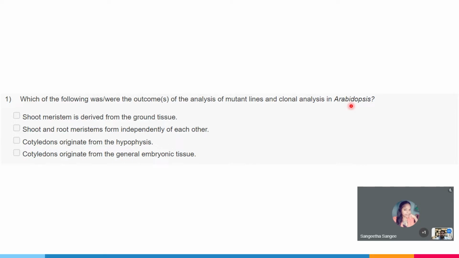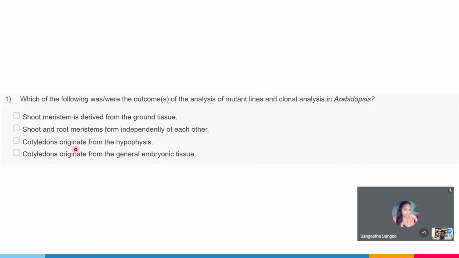So, with the mutant analysis, what was exactly found? The options are that the shoot meristem is derived from the ground tissue. If you remember, there are three types of primary tissues present in plants: the ground, the vascular, and the dermal tissues. So the first option is that shoot meristem is derived from the ground tissue. Second option is shoot and root meristems form independently of each other.